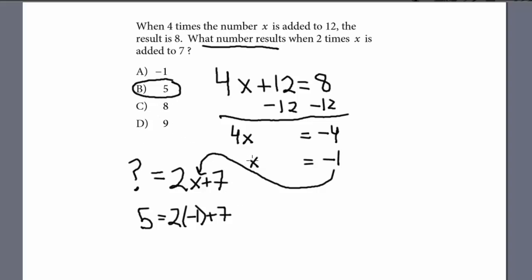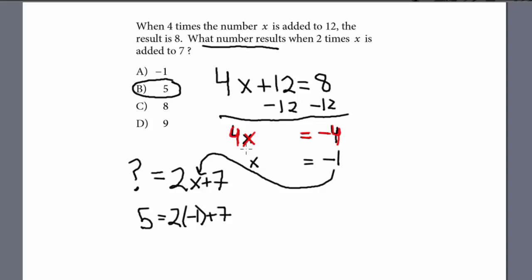Just a quick note: in this problem, it made total sense to solve for x and then plug it in. Sometimes it might be slightly easier to not solve for x. Just to show you another possibility, we had that 4x was equal to -4.